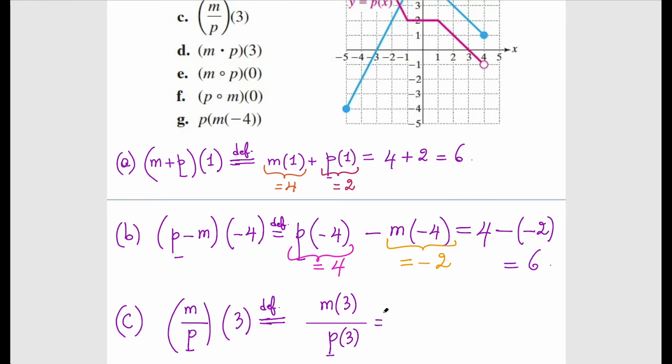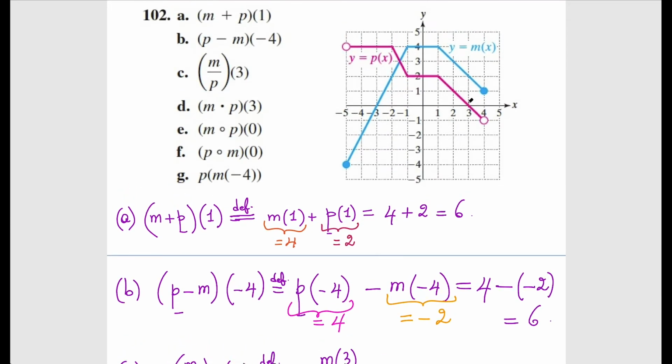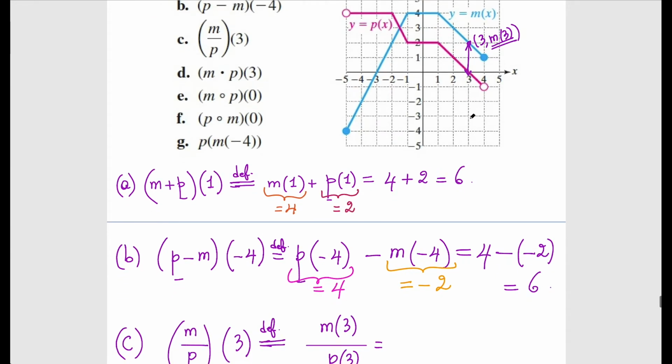Okay, and what is M of 3? M of 3 is this height. Correct? That's the point whose coordinates are 3 comma M of 3. And how much is the y value? It's a 2, right? So upstairs is 2.